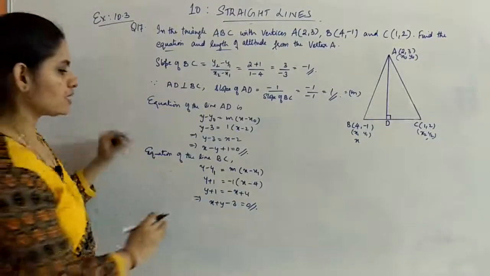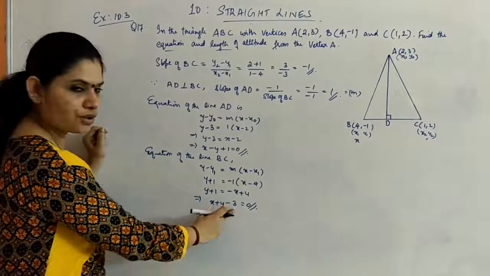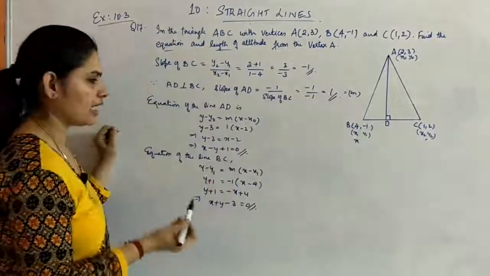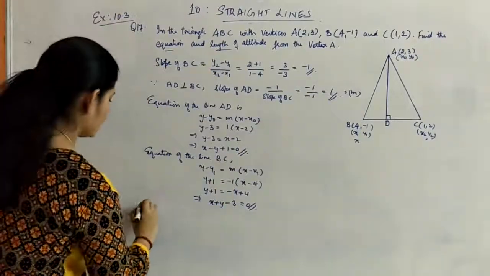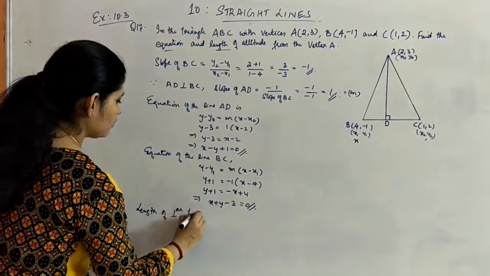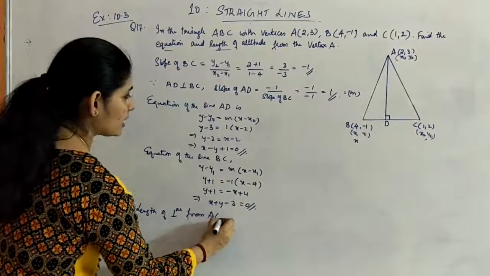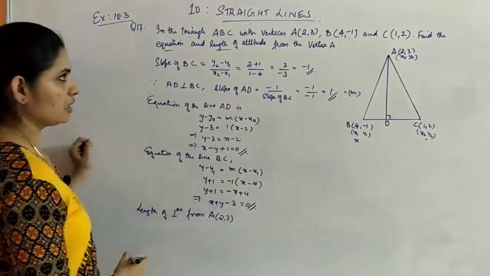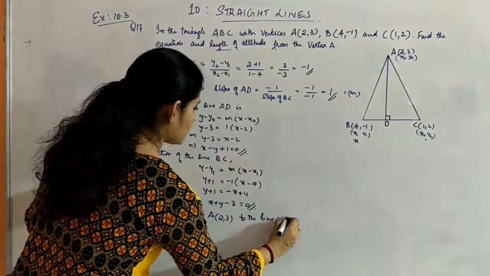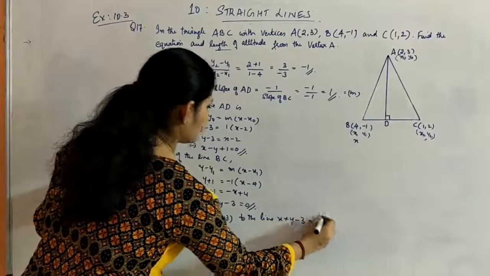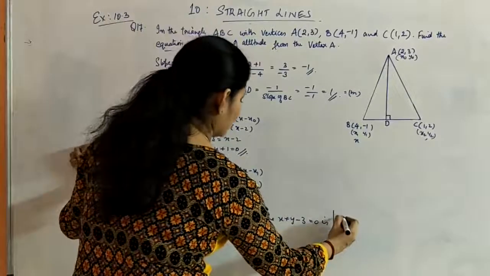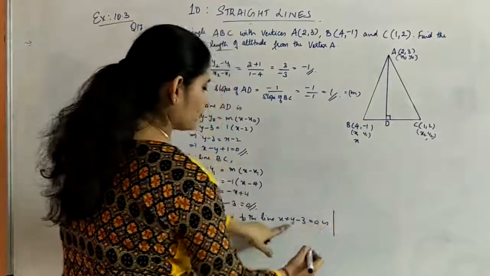Now we will treat this as ax plus by plus c equal to 0 and the point 2, 3 as x1, y1, and find out the length of the perpendicular. So the length of the perpendicular from the point A, which is given as 2, 3, to the line x plus y minus 3 equal to 0 is, what will be that formula? Mod of ax1, right? A is here 1, B is also 1.